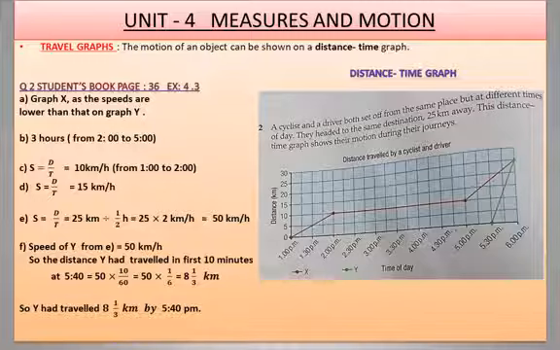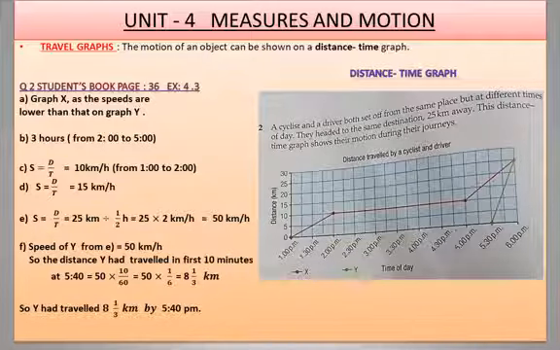Here some questions are there. I am going to read the questions and we will answer them. First question: which graph, x or y, is most likely to show the cyclist's journey? Justify your answer. Now we are going to find which line is for the cyclist and which line is for the driver.